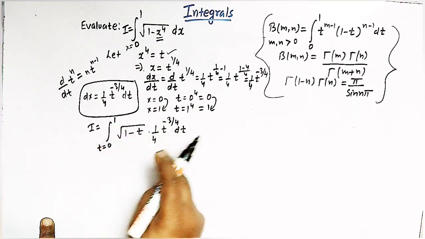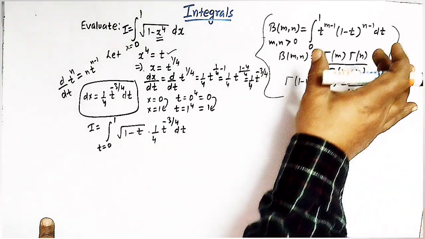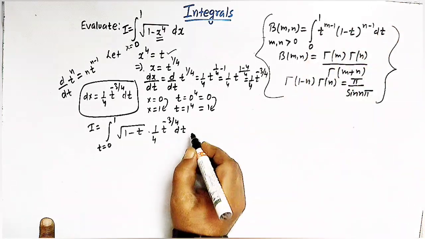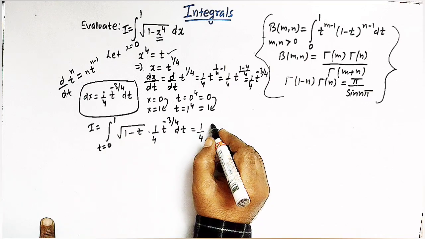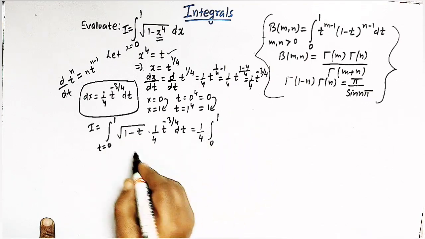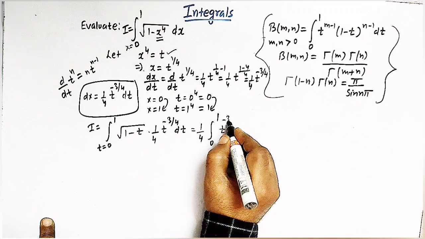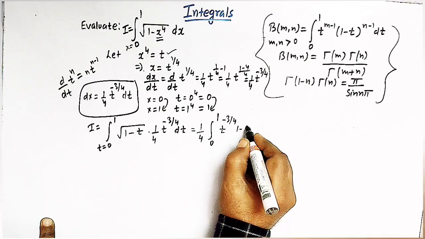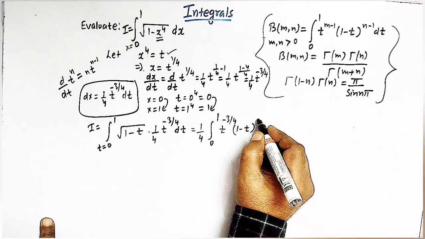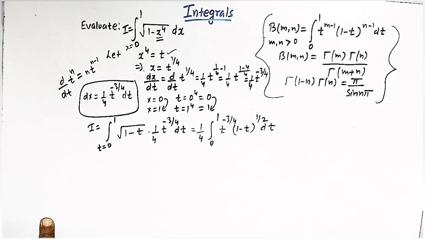Let us rearrange the terms so that we can form this type of integral. We can take 1 by 4 outside the integral, and we have 0 to 1, and here we can write t raised to minus 3 by 4, and the square root of 1 minus t can be written as 1 minus t raised to half, and here we have dt.